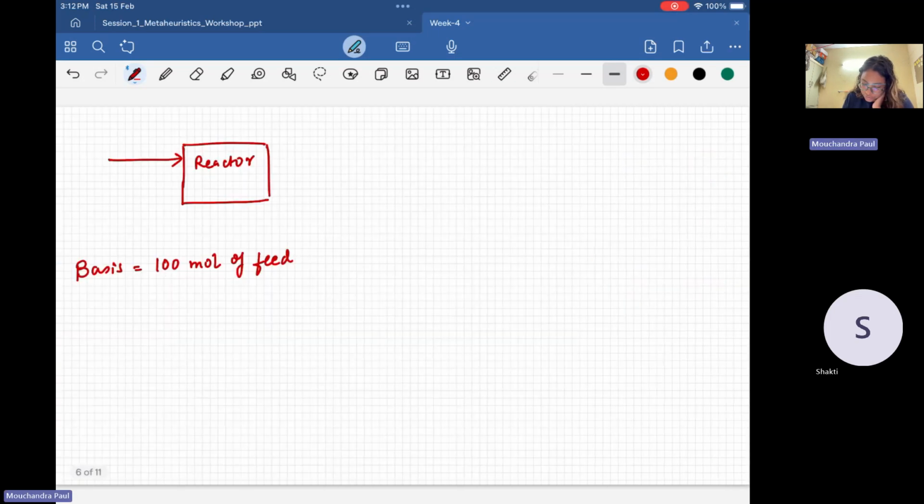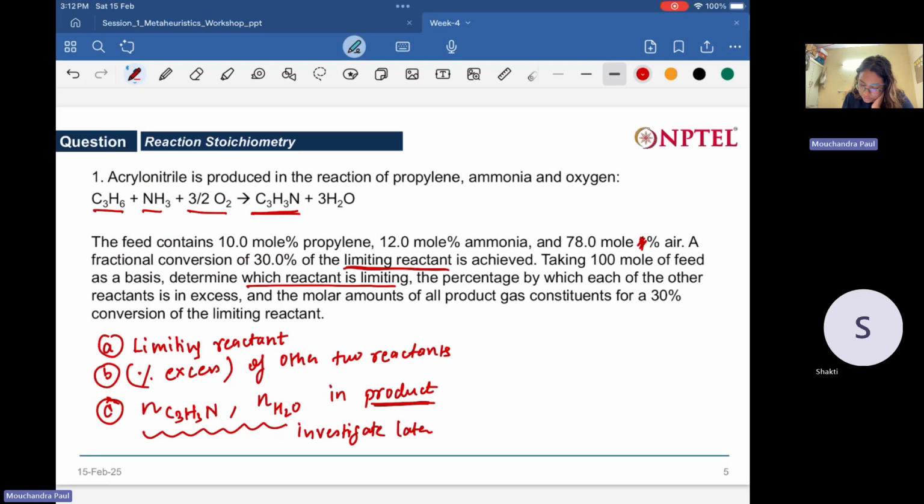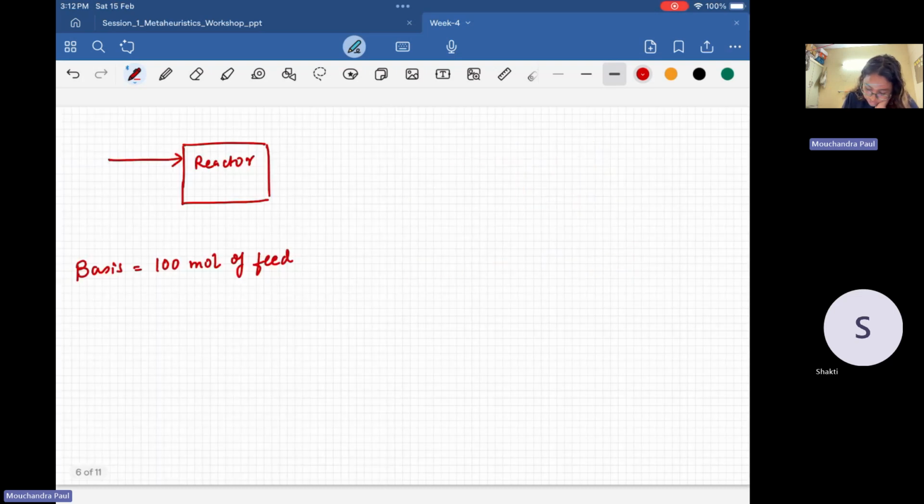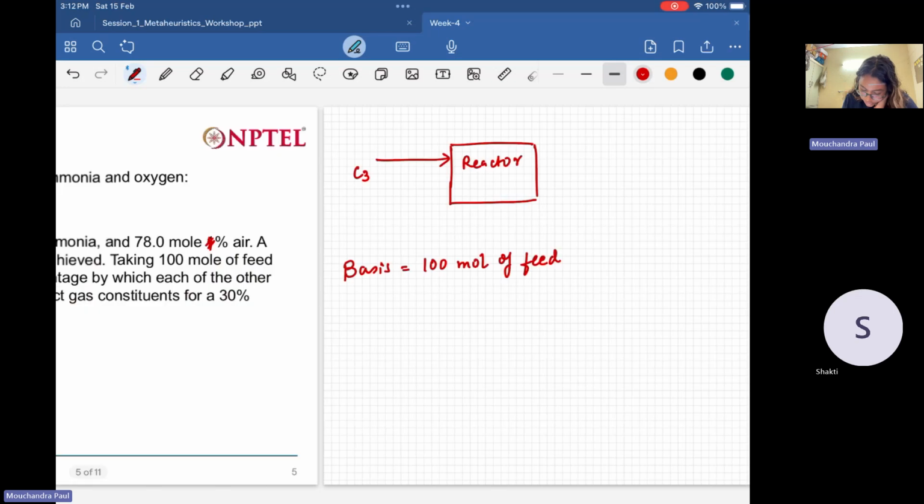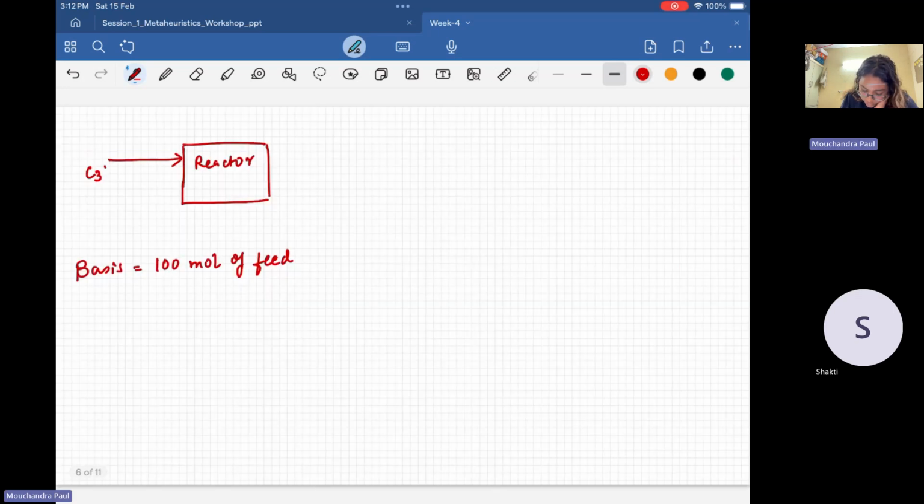Your feed contains 10 mole percent propylene, C3H6, so 0.1.